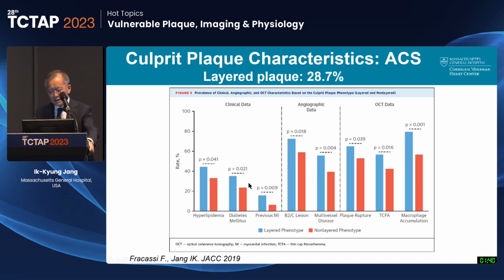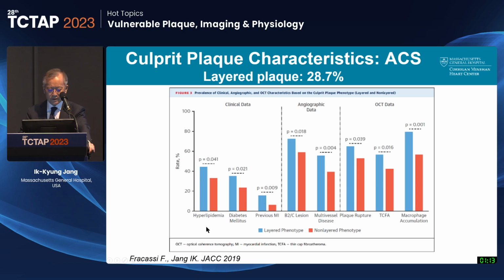So Francesco Fracassi looked at the features of those with layered plaque or non-layered plaque in patients presented with ACS. Number one, the prevalence of layered plaque in patients presented with ACS was 28%. And those with layered plaque or healed plaque had high features of vulnerability or vascular inflammation.